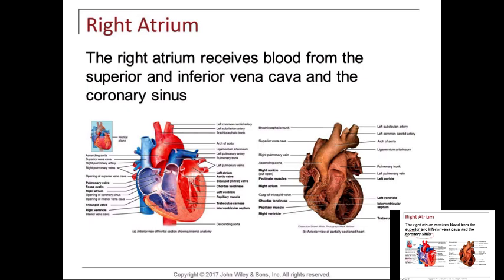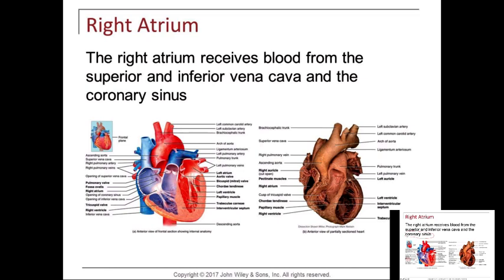Now, the heart itself is a muscle. Muscle needs oxygen. So the muscle of the heart needs oxygen, and after the oxygen's been delivered, you have deoxygenated blood. So the deoxygenated blood delivered to the heart muscle itself has to find a way of getting dumped back into the right atrium, just like all the blood from the superior vena cava and inferior vena cava.